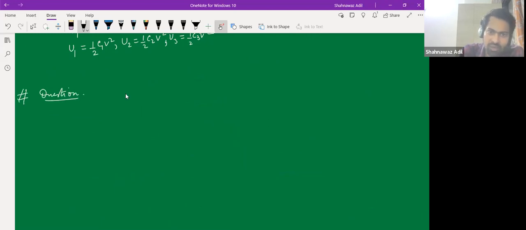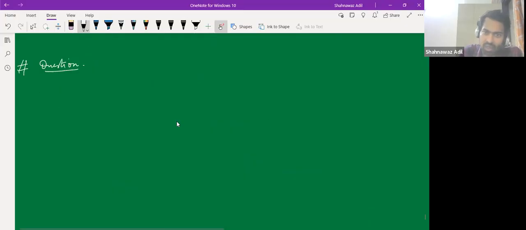So we have these two rods, right? And they are placed. These are two rods, and this one is connected to the positive terminal, right?